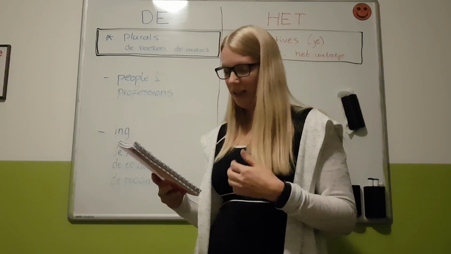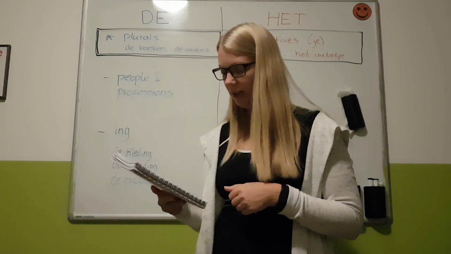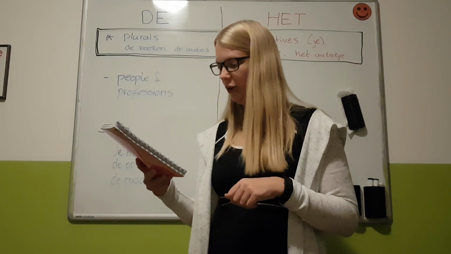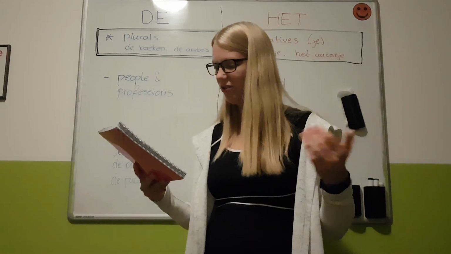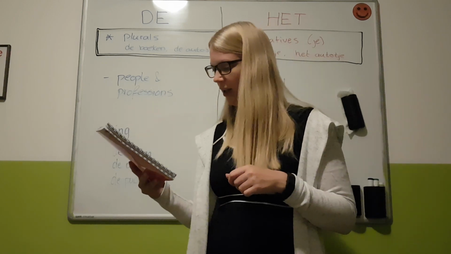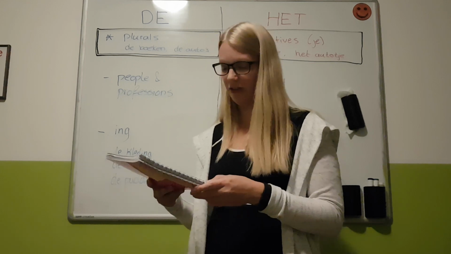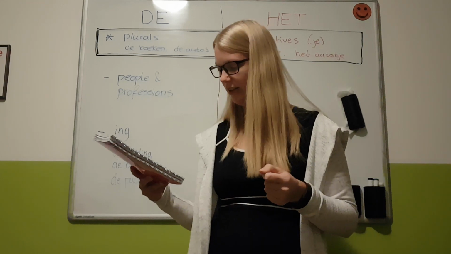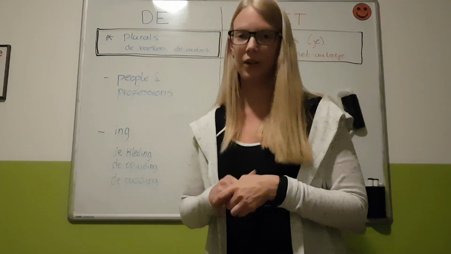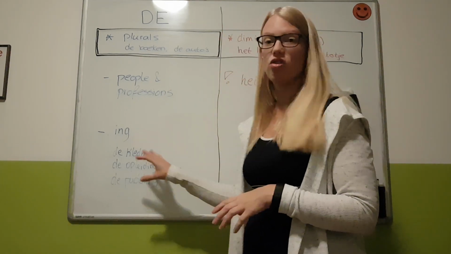De opleiding, we saw it here. De afdeling is department. De rondleiding is a guided visit. De scheiding, the divorce. De piercing, well, it's a piercing. De voorbereiding, the preparation. De voeding, which is the food, and the opvoeding, which is the education of the children. So here you have some examples of ing words, and ing words are always de.